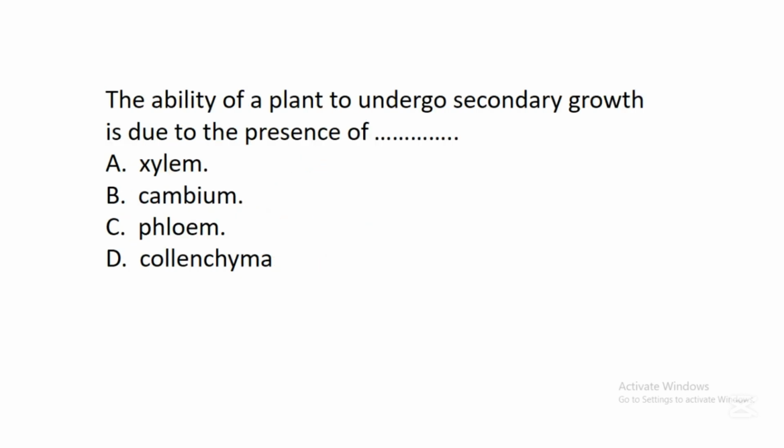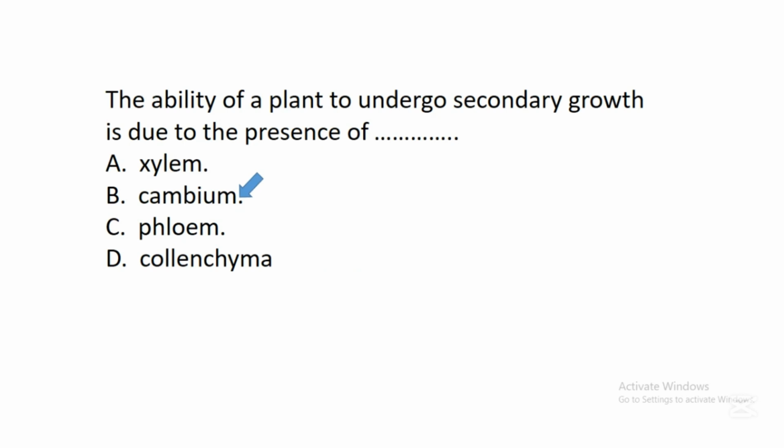The next question says, the ability of a plant to undergo secondary growth is due to the presence of dash. A. Xylem. B. Cambium. C. Phloem. D. Collenchyma. In this question, the correct answer is B. Cambium.